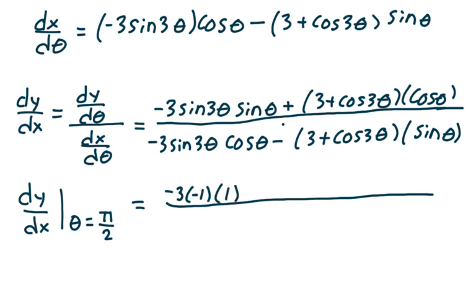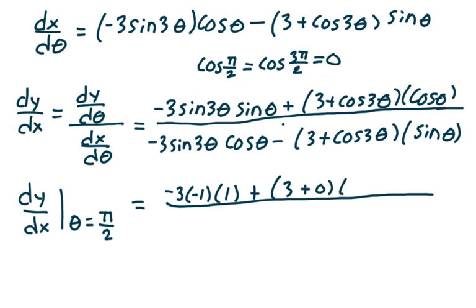Now, remember something. Cosine of 3π/2 is 0, and same with cosine of π/2. So I get 3 plus 0 times 0. That's the top. The bottom is negative 3 times negative 1 times 0 minus.